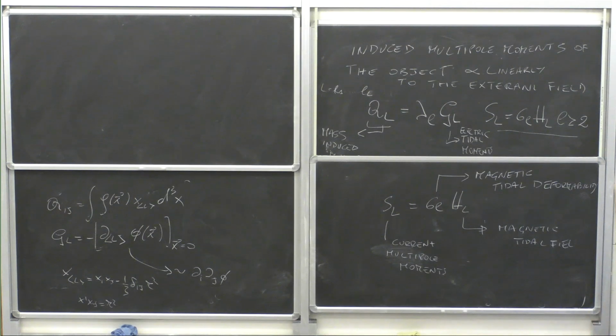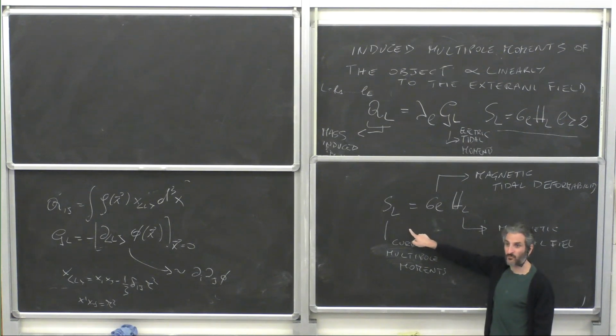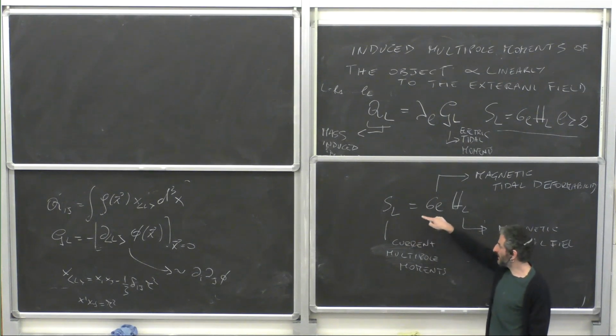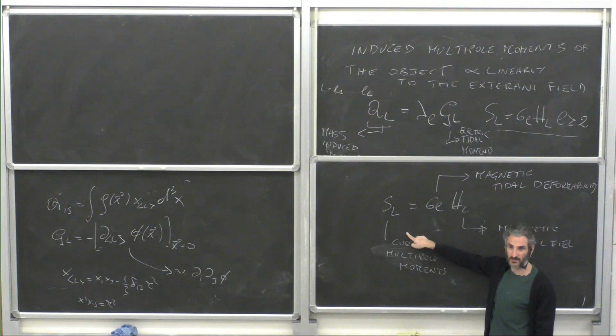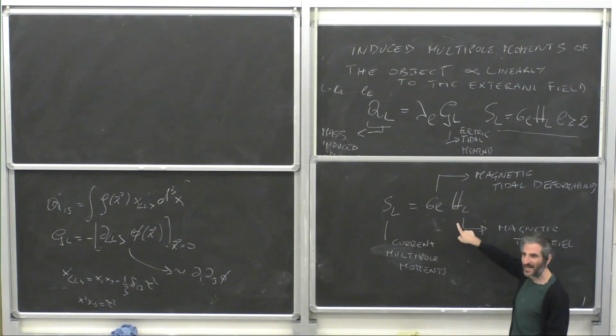The real message here is that you have another set of multipole moments, which are called the current multipole moments, which are induced by another general relativity component of the tidal forces. The indices here are exactly the same as the first one.